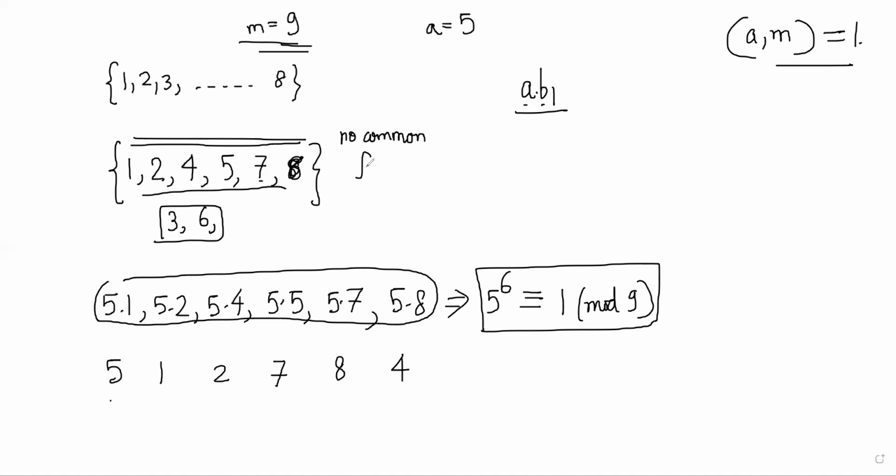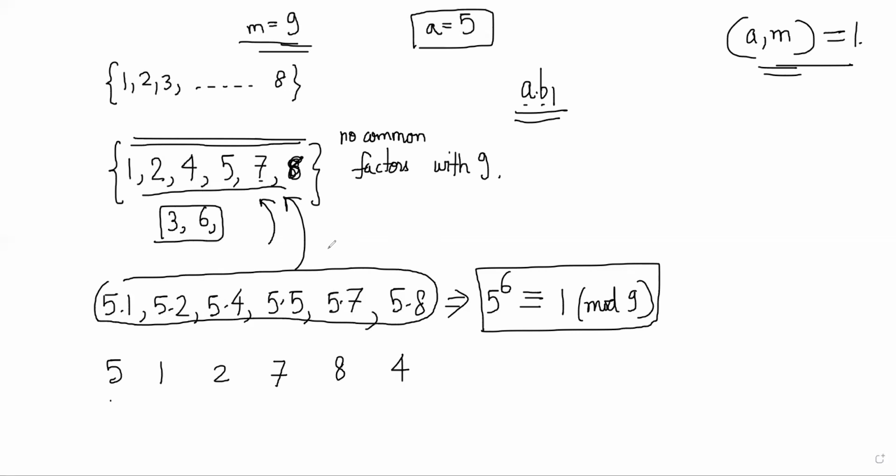And A also has no common factors with 9. So when you multiply two numbers which have no common factors with 9, you should end up with another number which is part of the same set. If both have no common factor, then the product still has no common factor, so it will always be a part of the same set. Clear? Okay.